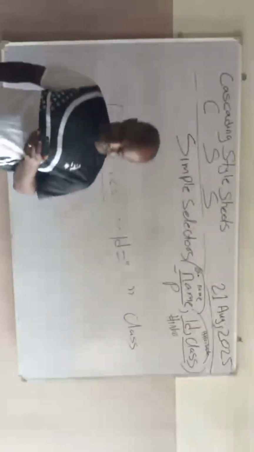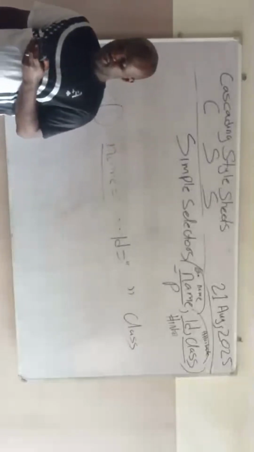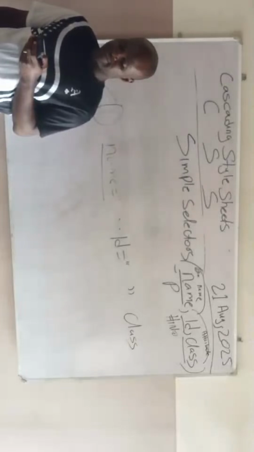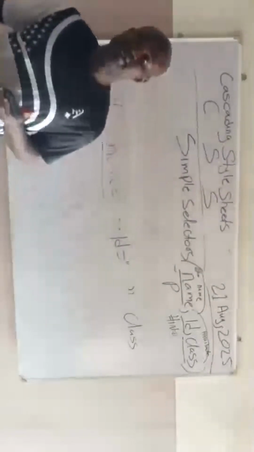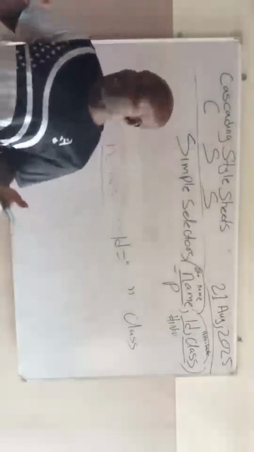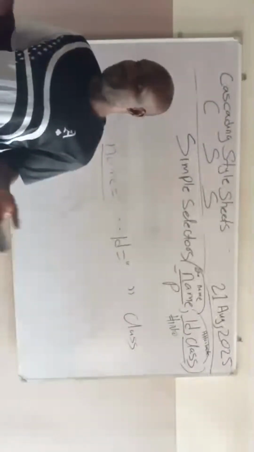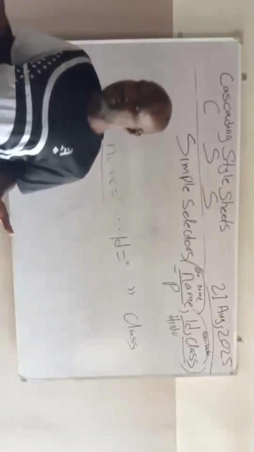So the class selector selects HTML elements with a specific class attribute. HTML elements, there is an S, so it can select multiple elements. Because in a class, at least it should be two and above, in the same class.